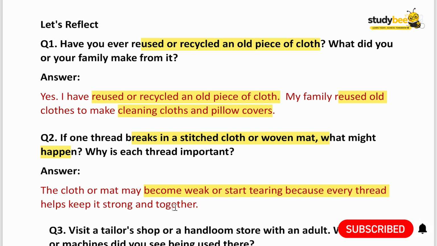So अगर cloth हो या फिर mat हो, if the stitch is broken, अगर stitch टूट जाता है, so you'll find that it will become loose and the clothes will start to come apart. वो अलग होने लगते हैं, right? Because it is the thread which keeps it strong. वो thread है जो उन्हें जोड़ के रखता है and it keeps it strong and together.